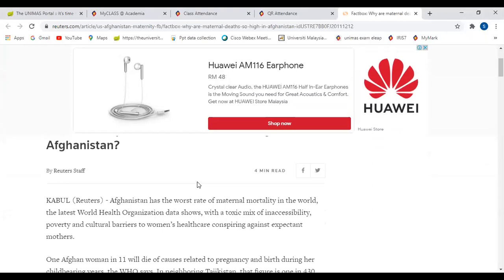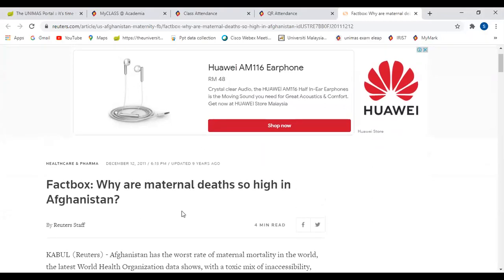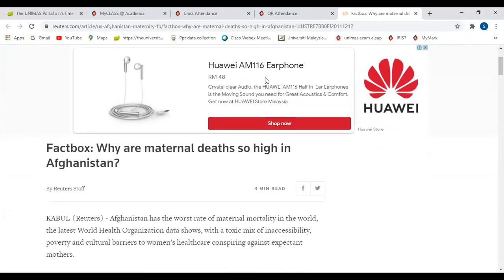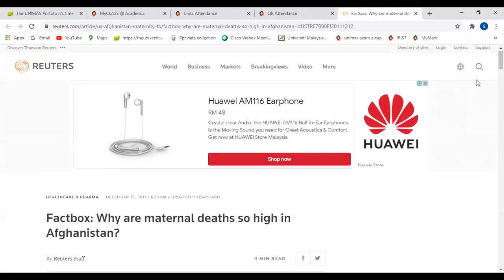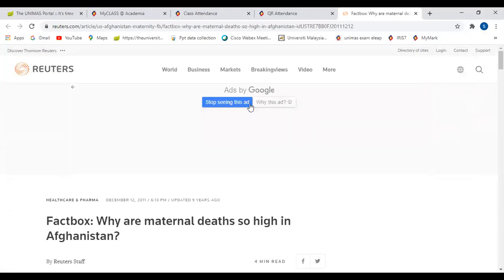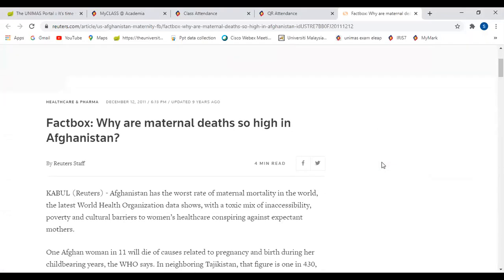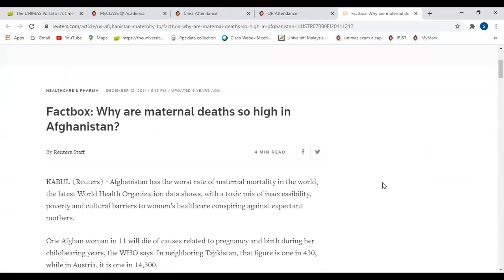This is the article actually from, regarding how do I get rid of this thing? Okay, go ahead. Okay, this is the article. Let me read a few lines here. Okay, boleh nampak kan? Boleh. Yeah, okay, all right.